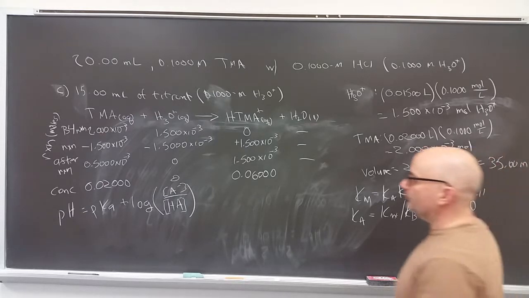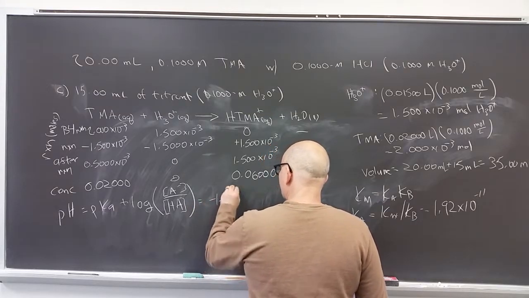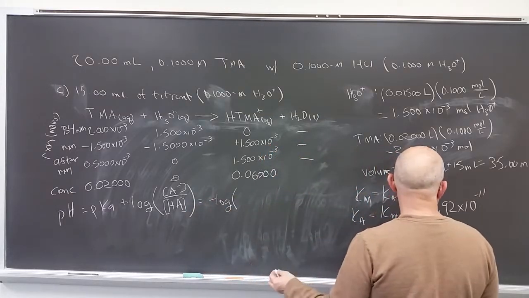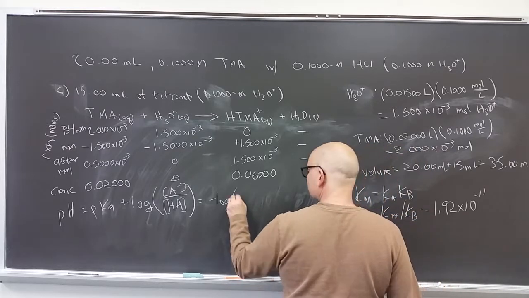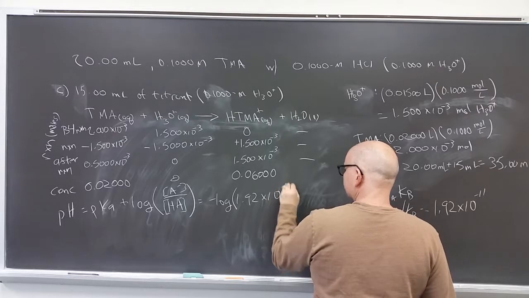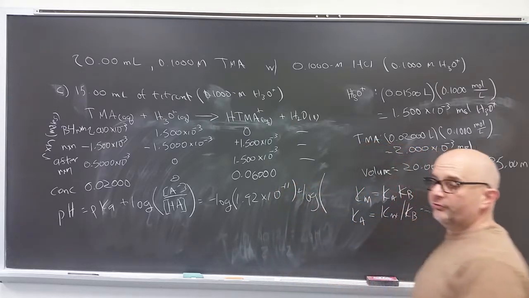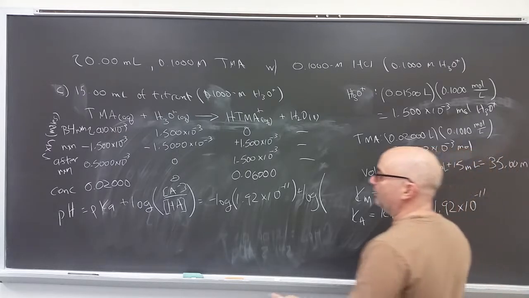And everything else you have here. So the pKa is just the negative base 10 log of the Ka, plus log, and then just the ratio of the concentrations of the base and acid.